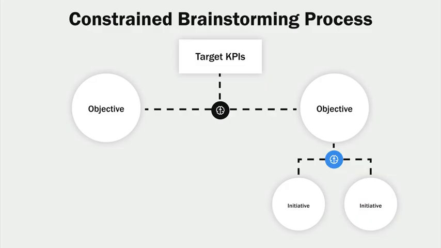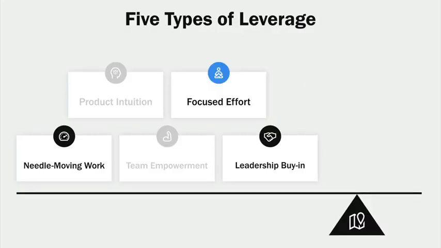Second, you limit all the initiatives that you finally implement to just those objectives. By constraining your ideas in a top-down way, you force all of your roadmap to be highly concentrated on improving just a couple of key areas. In other words, by constraining your ideas in this top-down fashion, you create leverage through focus.